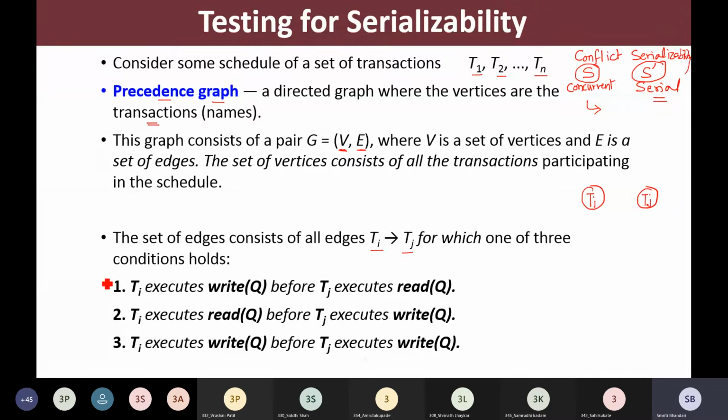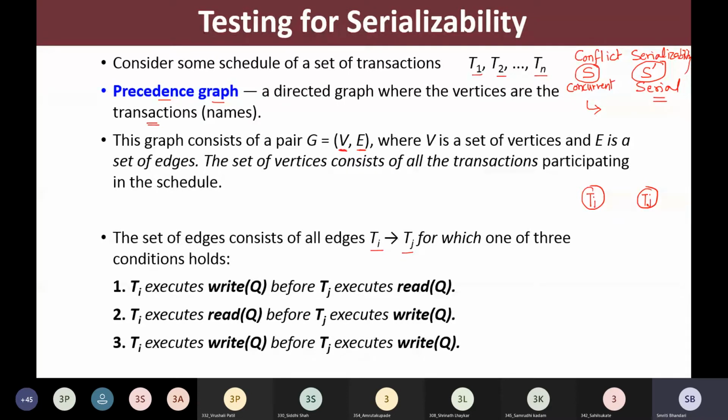So we are having a few conditions to decide whether we should have an edge between Ti and Tj. When we are going to draw the edge, if these two transactions are having a conflict with respect to a particular data item Q, then we are going to draw the edge.